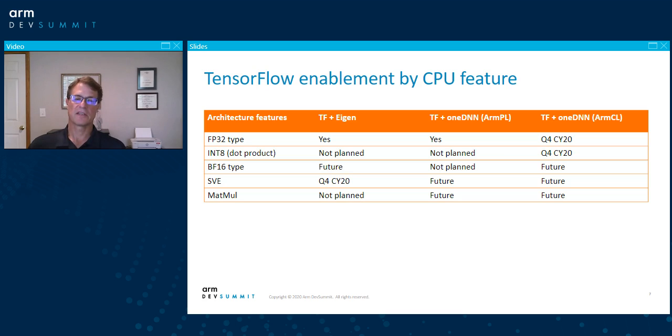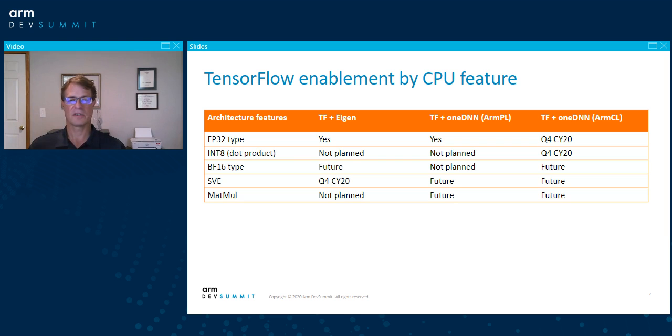So let's take a look at the TensorFlow by ARM CPU feature. One of the current things we're working on this quarter is TensorFlow with oneDNN and the ARM compute library. That'll give us complete support for 32-bit floating point across Eigen, oneDNN with the ARM performance library, and oneDNN with the ARM compute library.